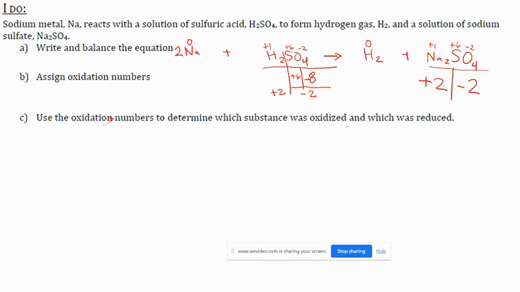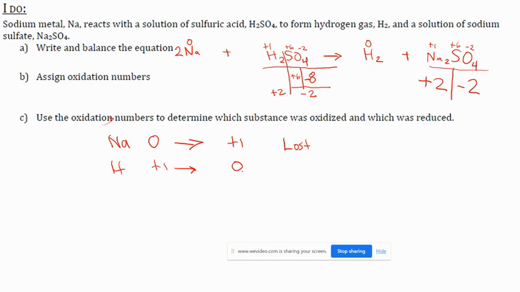All right. Now, we have to figure out what went on. We can see that our sodium went from a 0 to a plus 1. So what happened to my electrons here? Were they lost or gained? Lost. Okay. My hydrogen went from a plus 1 to a 0.